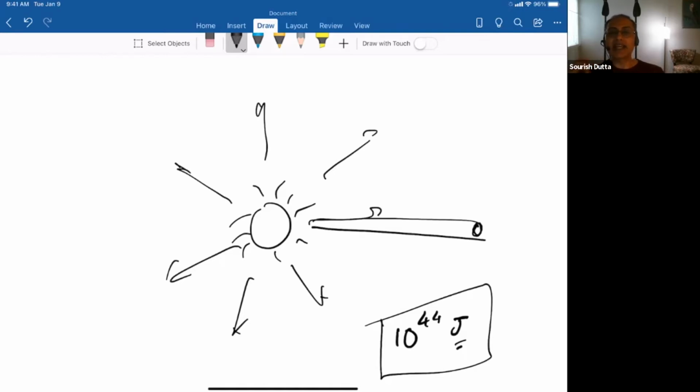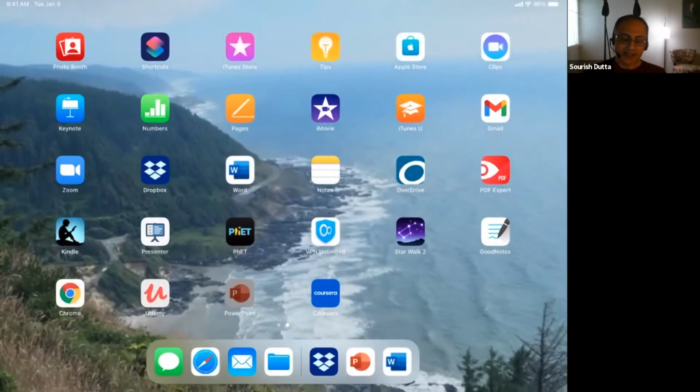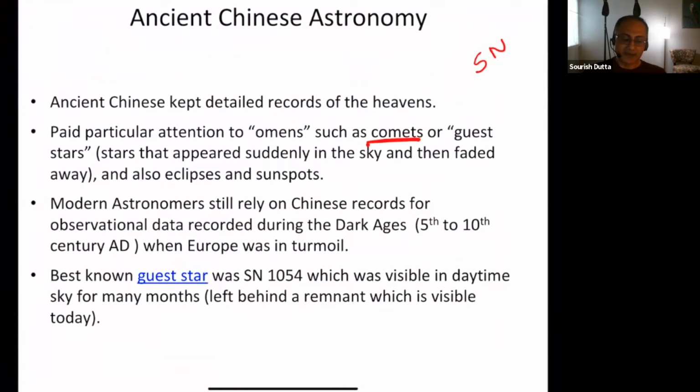And when that happens, if the supernova explosion is relatively close by, you see this light in the sky that shows up out of nowhere. Something like this happened in the year 1054. There was a supernova explosion which was relatively close by.